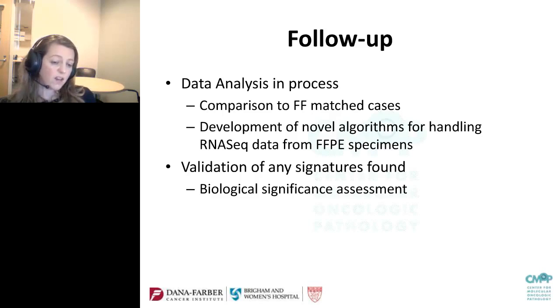And then obviously for any validation signatures that are found, we'd have to do a biological significance assessment and follow up with validation of any gene targets by RT-PCR.